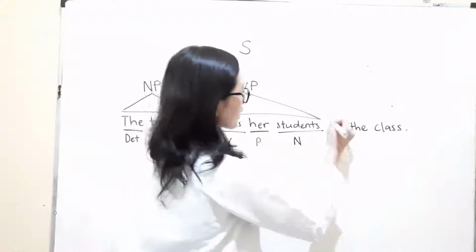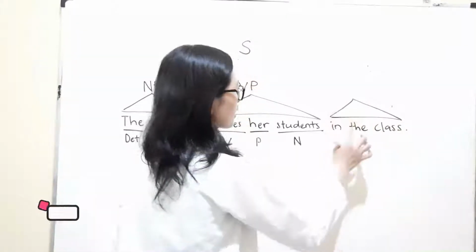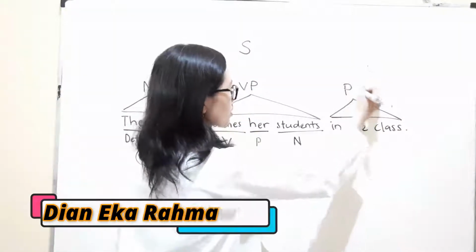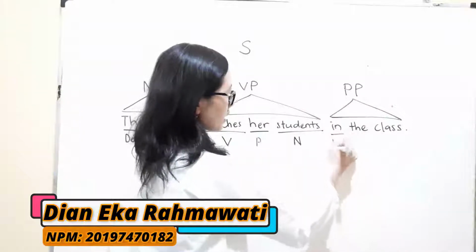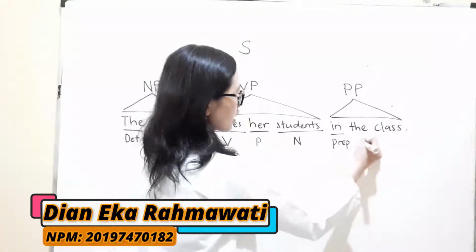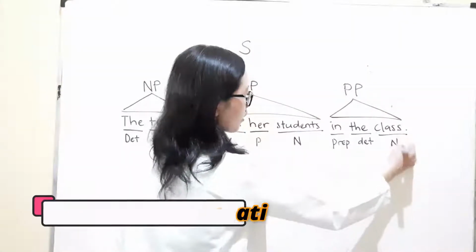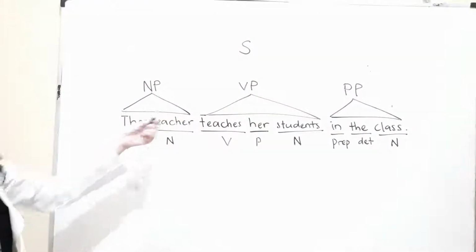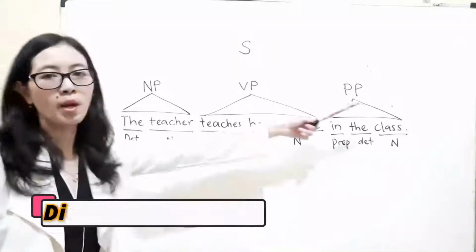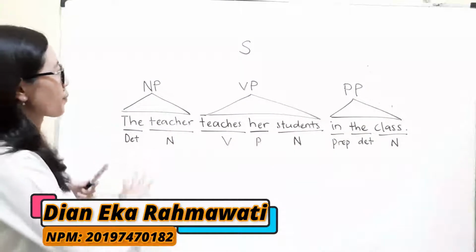Next, in the class. In the class, we call this the prepositional phrase. In is the preposition, the is the determiner, and class is the noun. Noun phrase, verb phrase, and prepositional phrase.